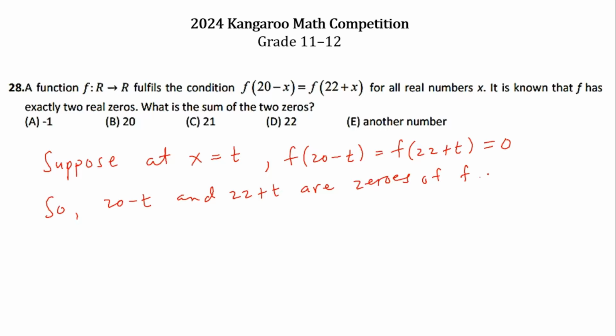And so the sum of the zeros is simply 20 minus t plus 22 plus t, which is equal to 42. Alright, so the answer is not among the options from A to D. So the answer here is option E.